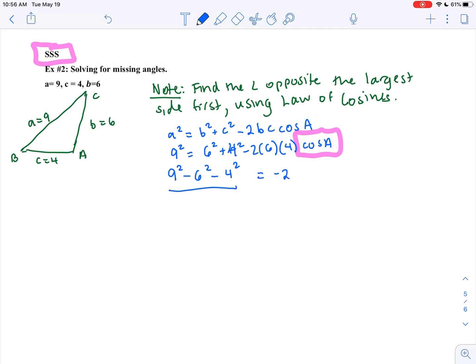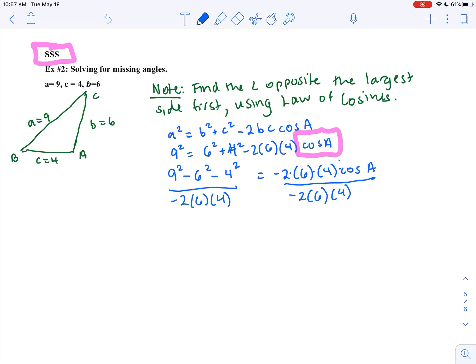Notice that I'm leaving all of the hard work for the calculator to do. On the right-hand side, there are three factors in front of cosine of A that I want to get rid of. They're all being multiplied, so I can divide through by those factors, negative 2, 6, and 4.